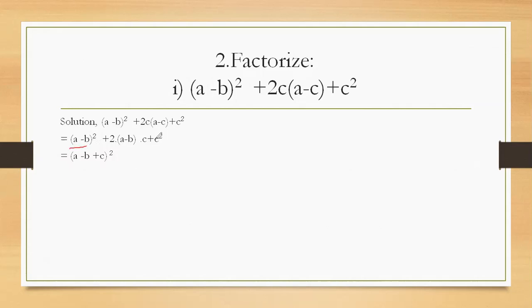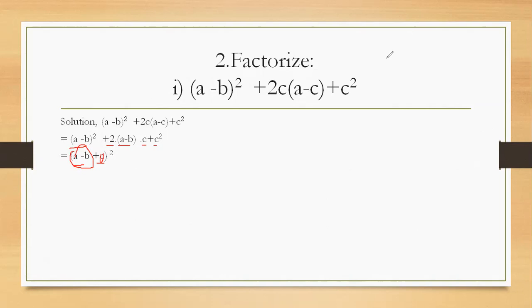This last one is B square. C is the B. Now 2A: A means A minus B and B means C. Then we have written A plus B whole square, where A means A minus B and B means C here. Then it will be A minus B plus C whole square.